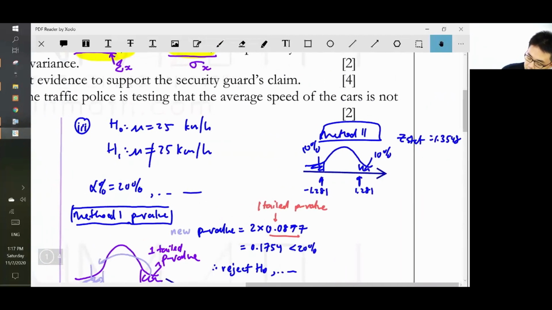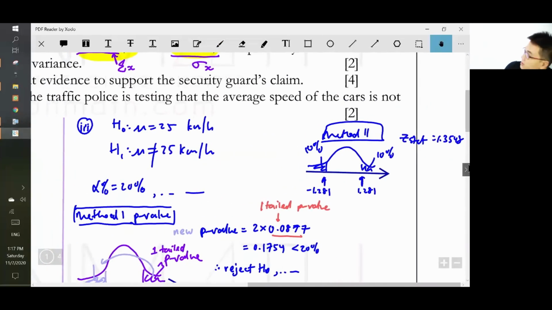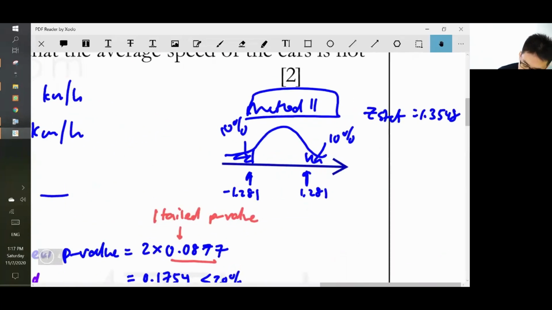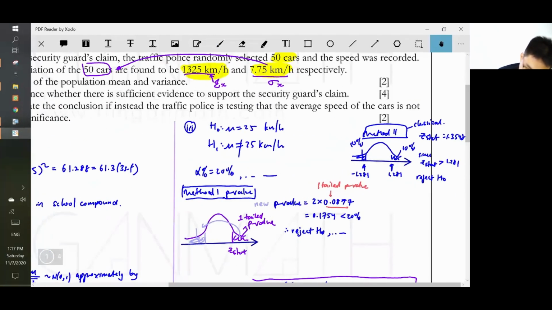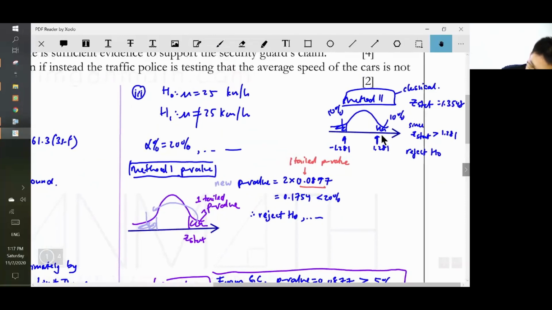Then you just compare: the Z stat is more than 1.281, so reject. So method 2 is the classical method.